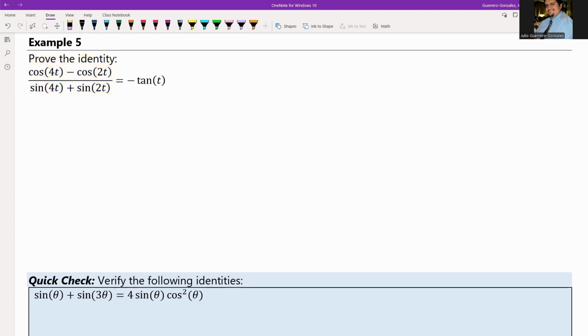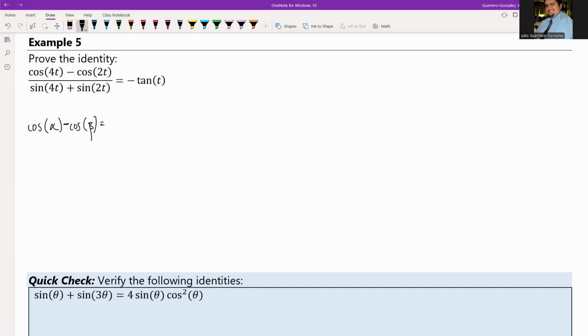Okay, so I'm going to write down some stuff before I get started. I'm going to write down the 2 identities from up above that I'm going to need, okay? And that is this one. So if I grab cosine of alpha minus cosine of beta, if you look at your trig sheet, this is also there.